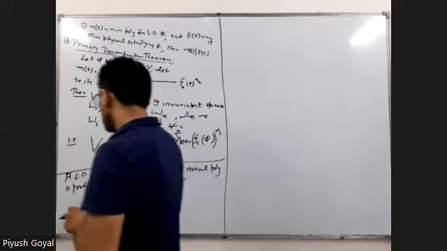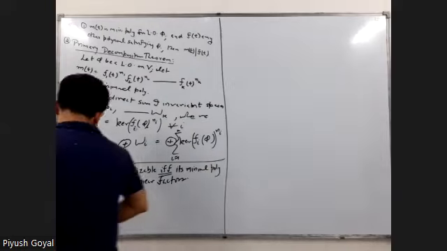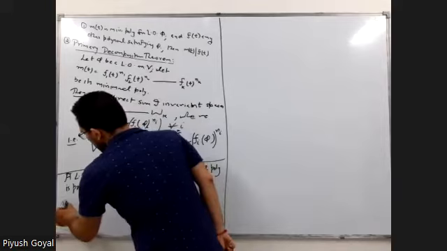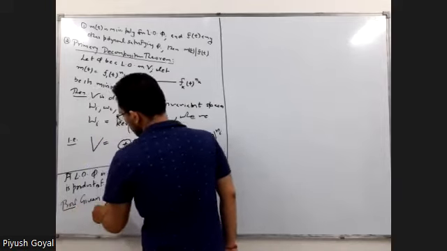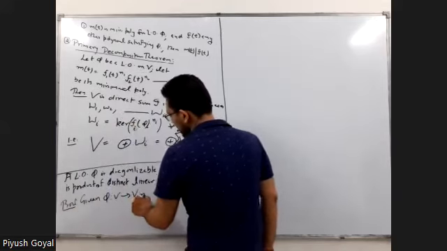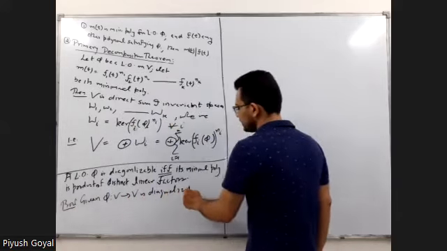Now how will we start the theorem? Proof: given phi from V to V is diagonalizable.